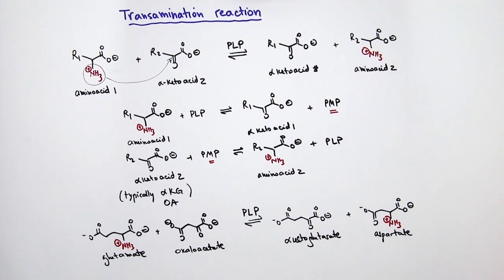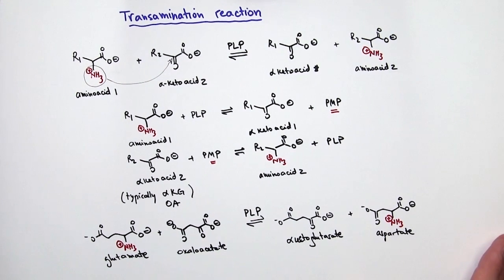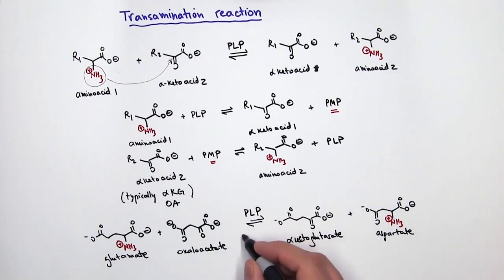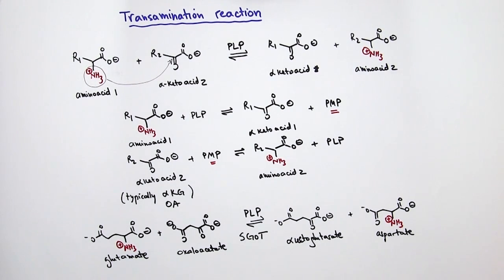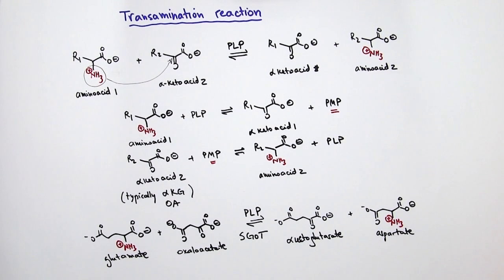In fact, if we find this in the bloodstream, this enzyme acts as a biomarker, and it tells us about some damage that might have occurred in muscle or liver, which forced the cells to spill out their contents. This biomarker you'll often see as SGOT, serum glutamate oxaloacetate transaminase. And this is one of the biomarkers that are measured in blood tests that tells us about heart disease or liver disease.